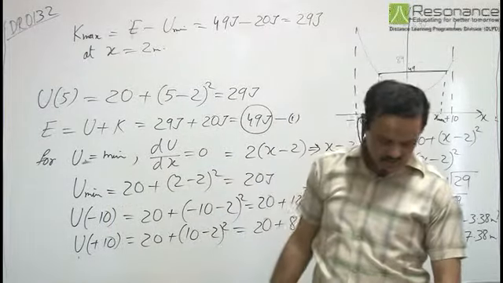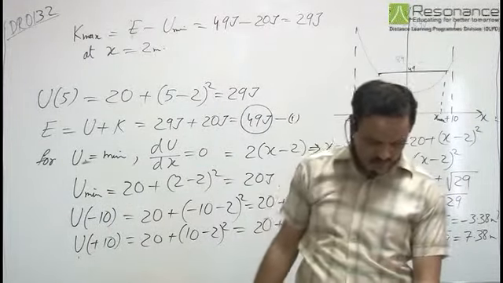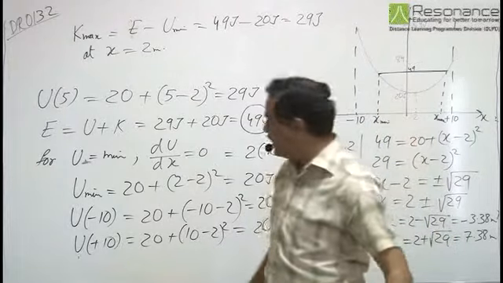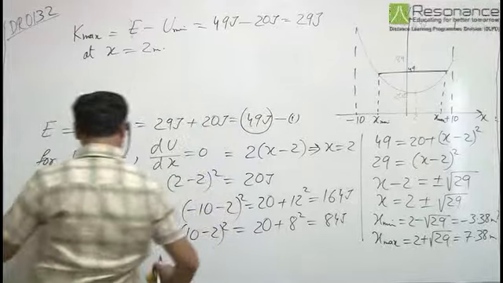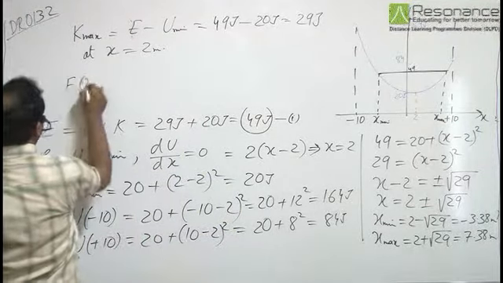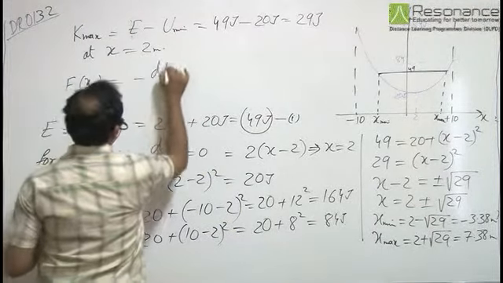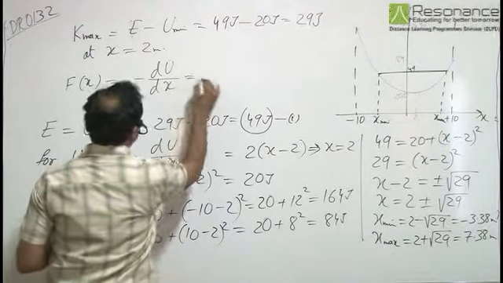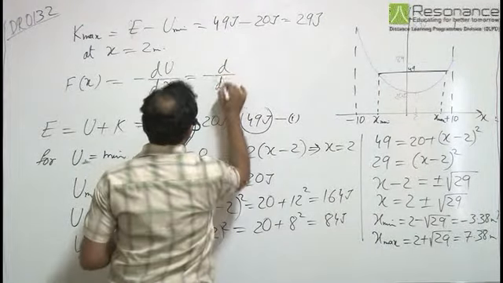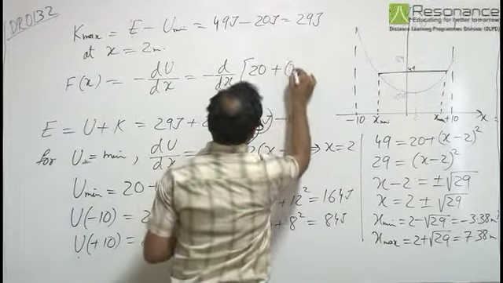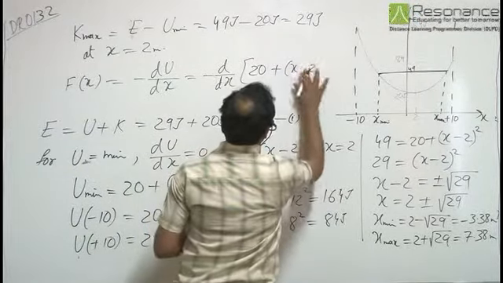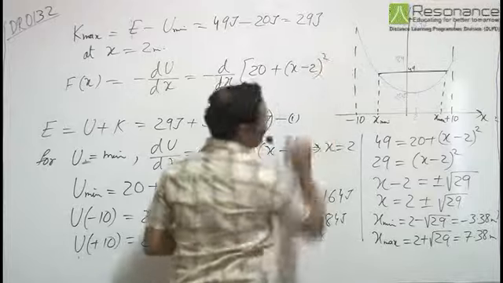Next question is, determine the equation of Fx as a function of x. As we already know, F is minus dU by dx, that is minus d/dx of U, and we already know U is 20 plus (x minus 2) square.